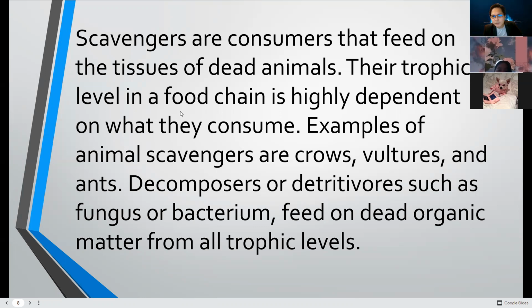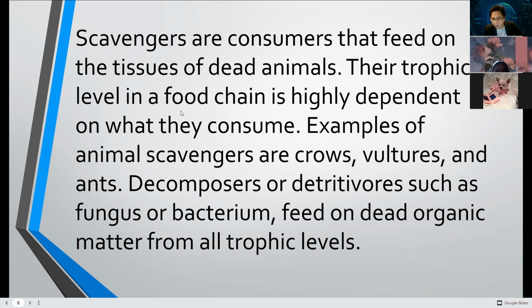Anybody? What is now the ecological importance of the detritivores or decomposers? Margie? Based on that statement, they fed on dead organic material. So what is now the ecological importance of these detritivores? Your worms, your scavengers, your flies.